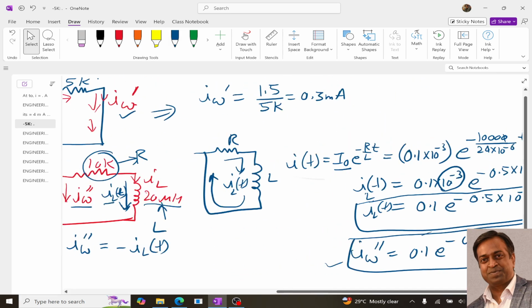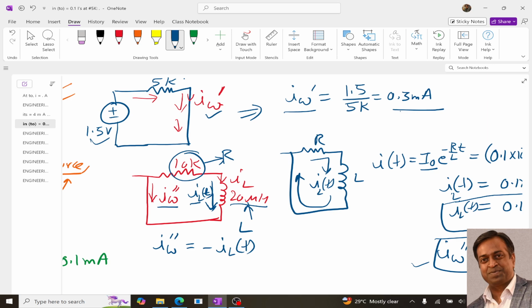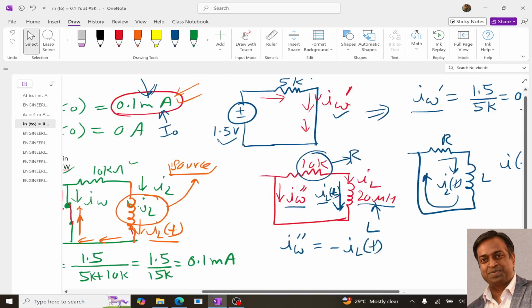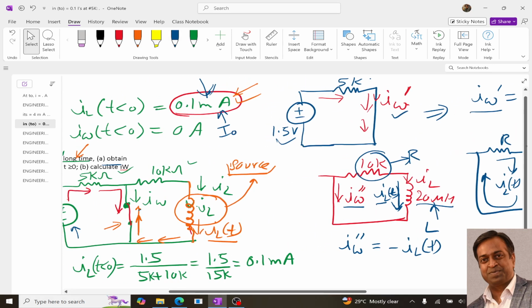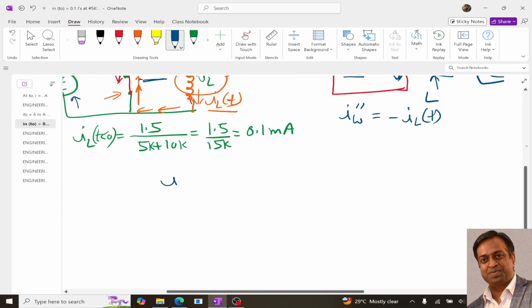We have determined the current due to this source 1.5, which is IW single dash, which is 0.3. Now we can simply write the total IW, the current flowing through this short circuit path. IW will be equal to IW single dash plus IW double dash.